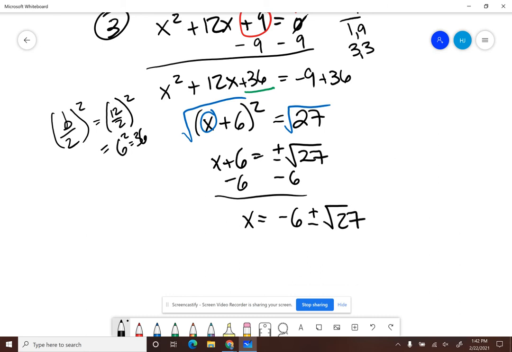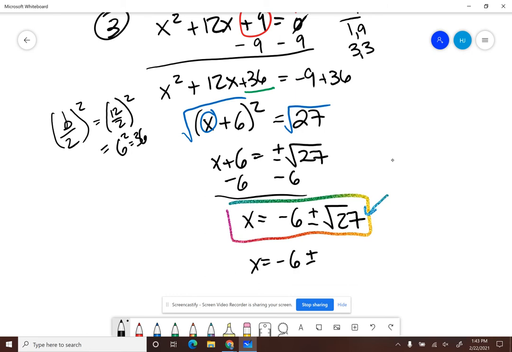And you might think to yourself, well, Mr. Hamilton, I am done. Finally, I have got to the right answer. Well, the issue is this is not in simplest form right here. There is actually a perfect square hiding in there, okay? So again, if I think about my perfect squares list that I've probably already made by now, then I would understand that this can actually be further simplified.